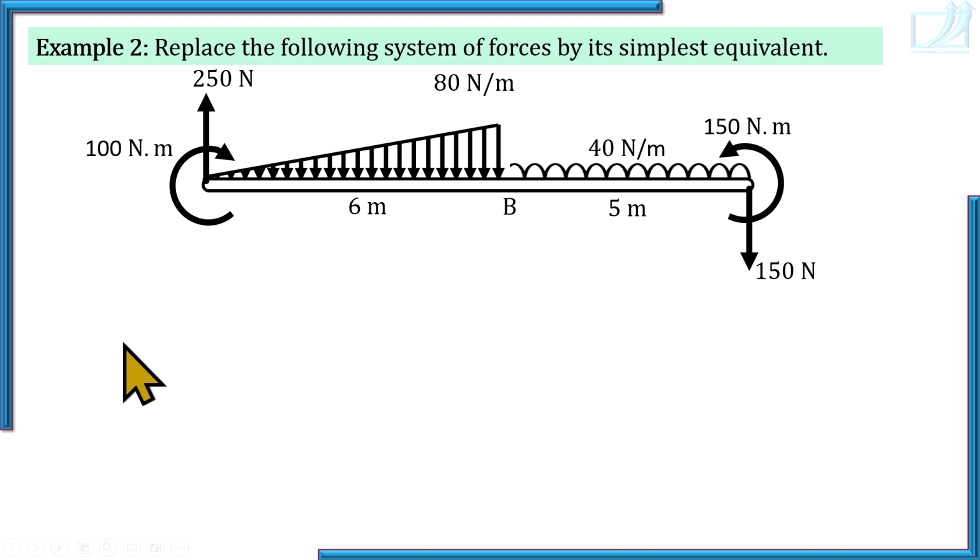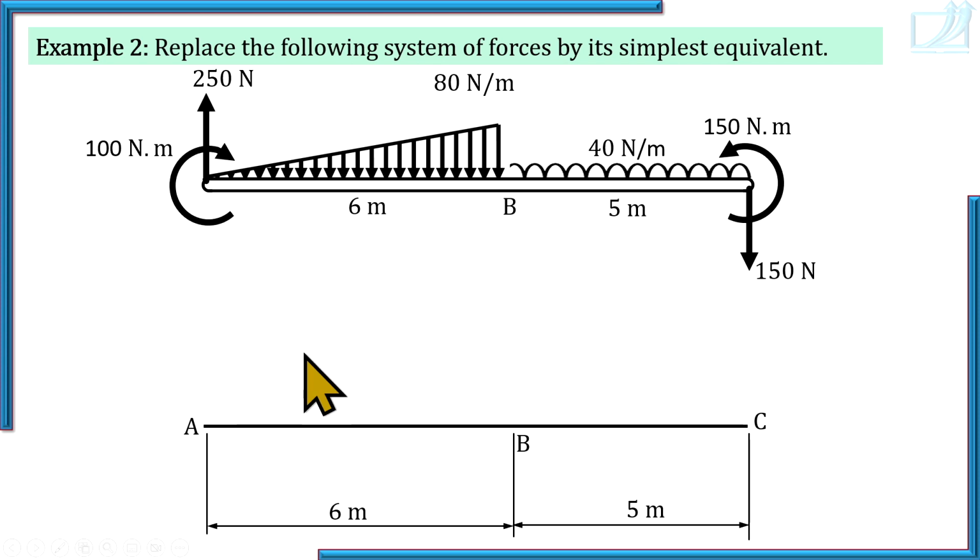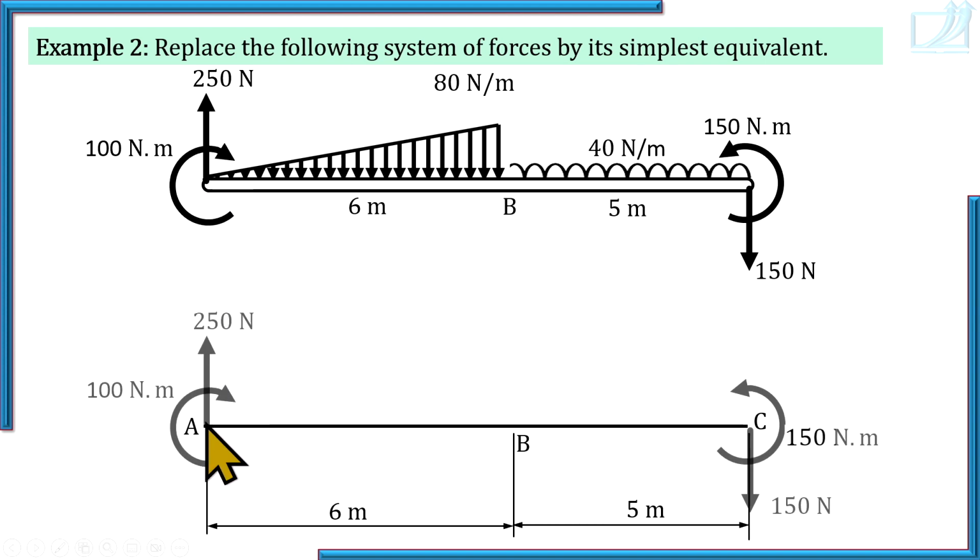First of all, the rod ABC, which is 6 plus 5. The size, shape of the body and all given dimensions are always very important. Insert all given forces and couples as they are in the given diagram. So here it is a 250 Newton upward force, a clockwise couple, a 150 Newton downward force, an anti-clockwise couple, everything as it is given.